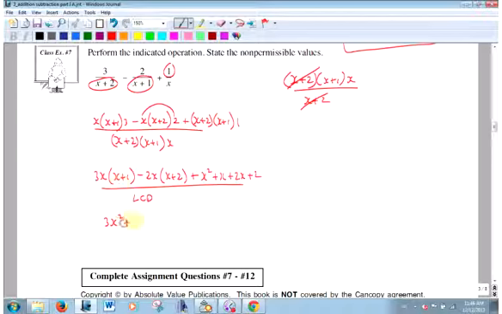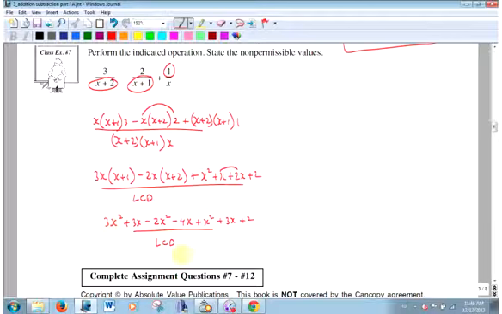3x squared and 3x minus 2x squared minus 4x and x squared. Let's just collect those. You notice they gave us a lot of space under this question? Okay, how many x squareds do I have? 3 minus 2 is 1, plus 1 is 2 x squareds.